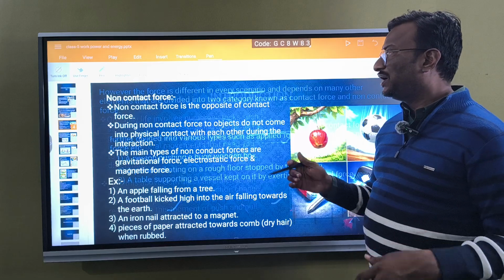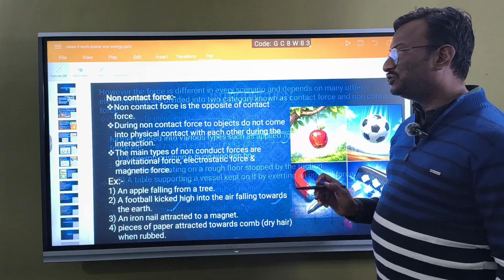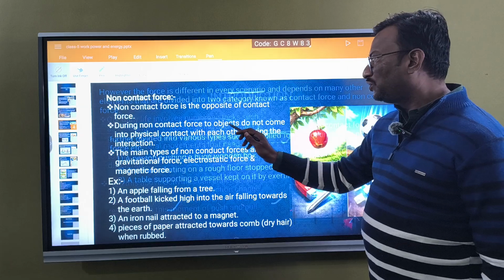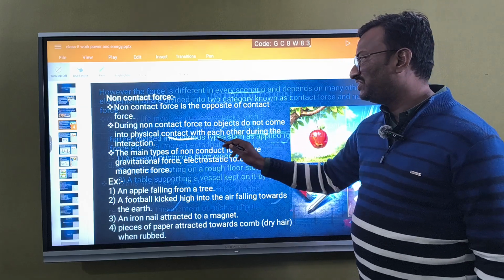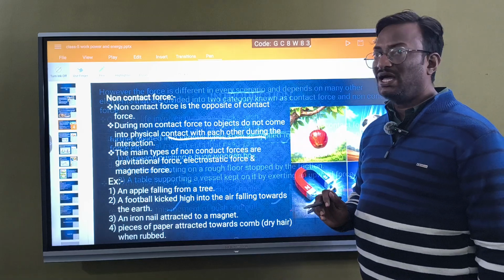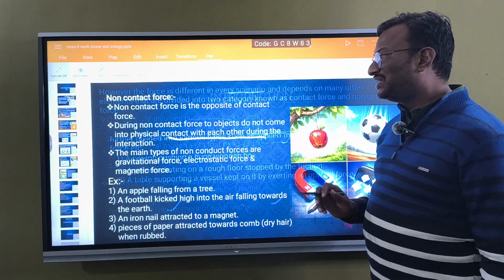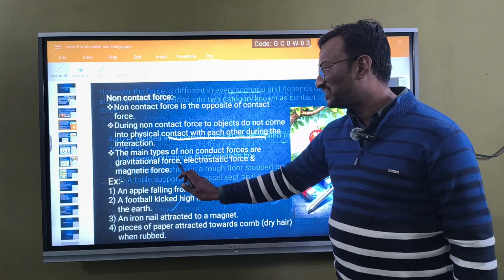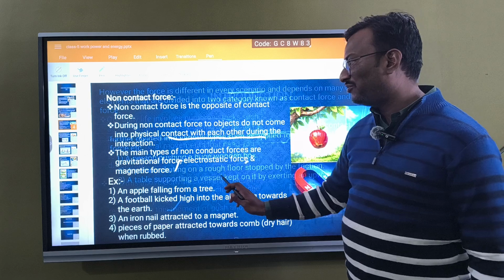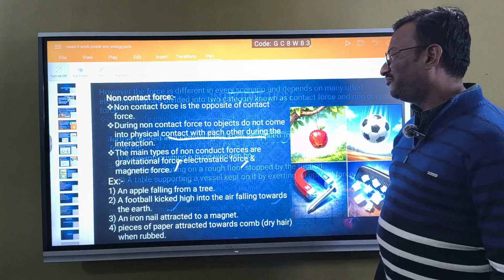It is opposite to contact force. During non-contact force, the objects do not come into physical contact with each other during the interaction. The main types of non-contact forces are the gravitational force, electrostatic force, and magnetic force.